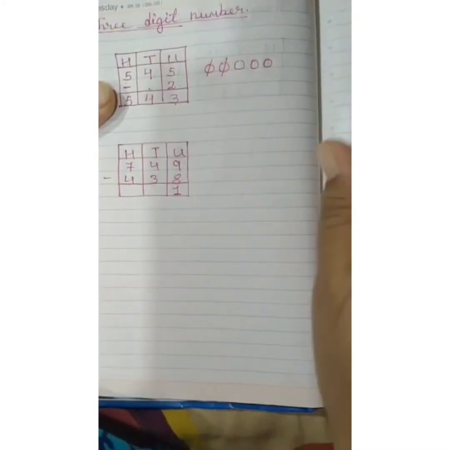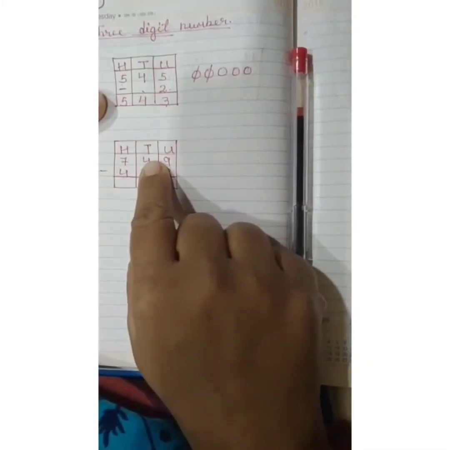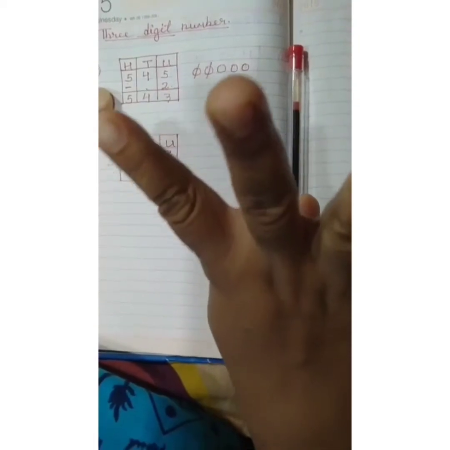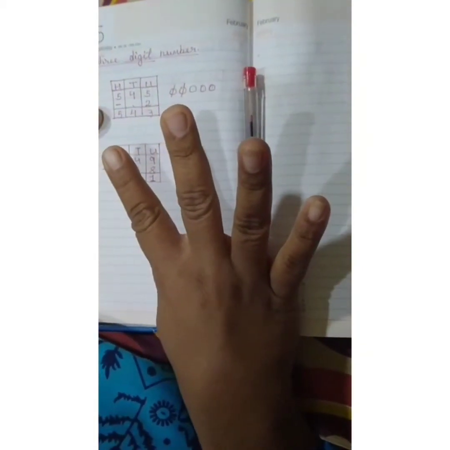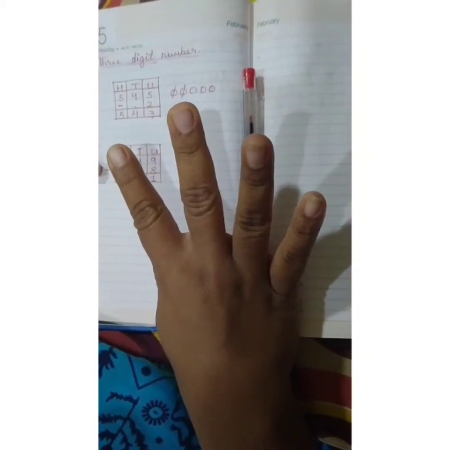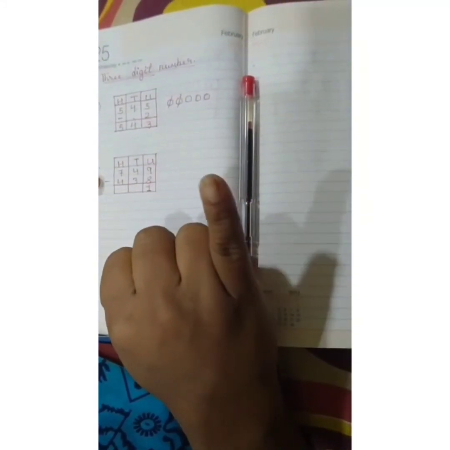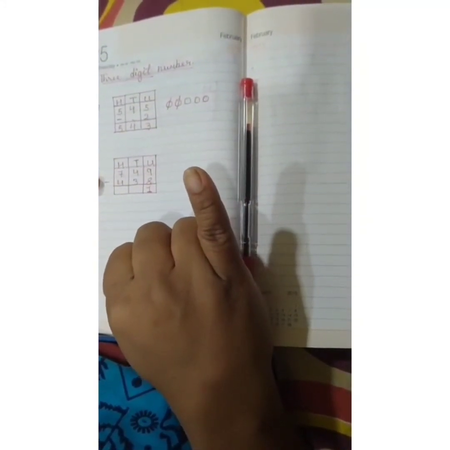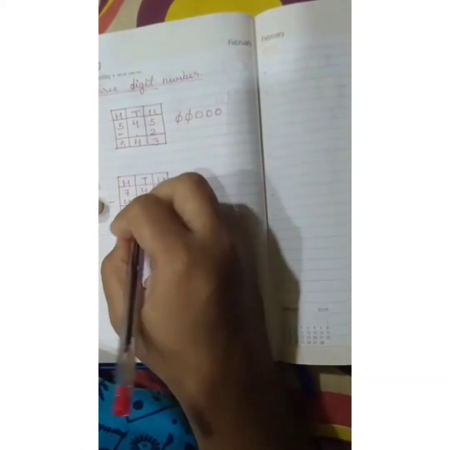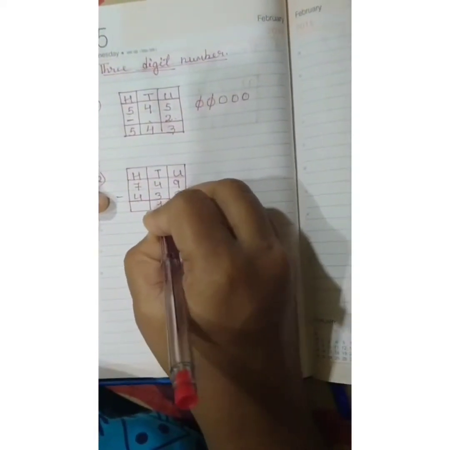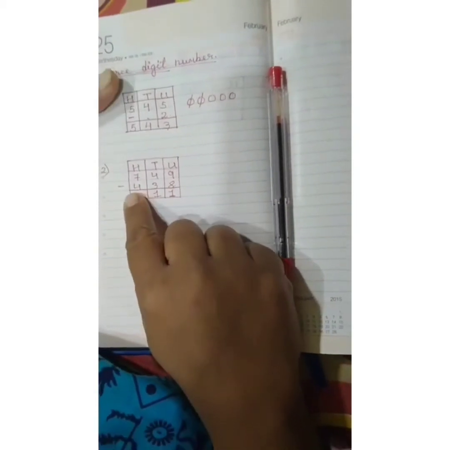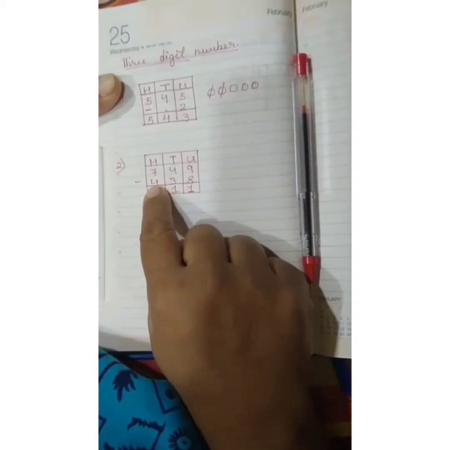So 9 minus 8 is 1. Now next is 4 minus 3. Take 4 fingers. Then how much do we have to minus? 3. 1, 2, 3. How much is remaining? 1. So 4 minus 3 is 1. Now next one is 7 minus 4.